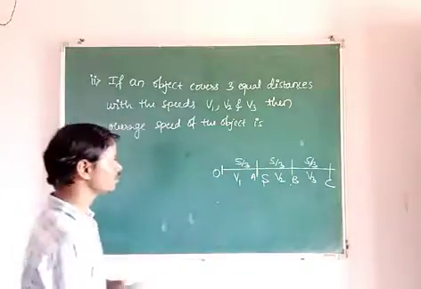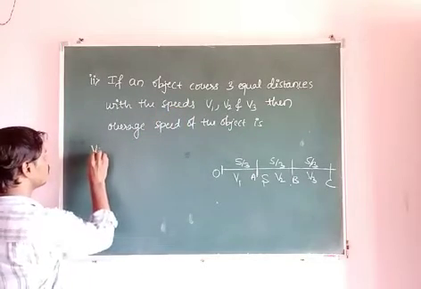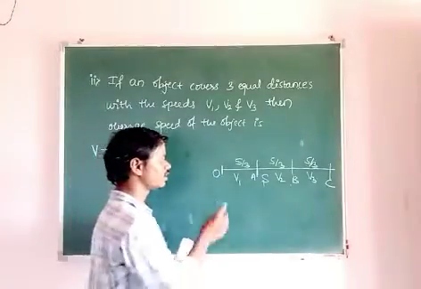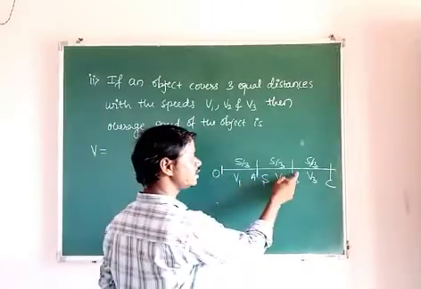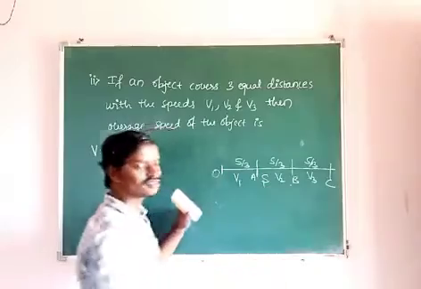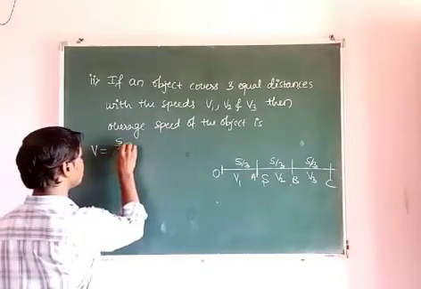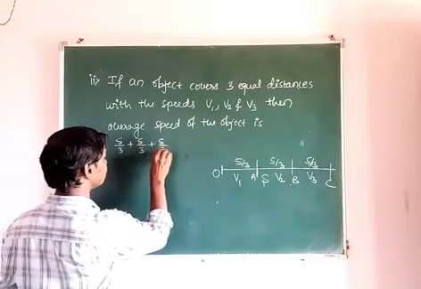Again, by using the same concept, average speed is equal to total distance traveled divided by total time taken. O to A distance traveled is S by 3. A to B is S by 3. B to C is also S by 3. That is S by 3 plus S by 3 plus S by 3.